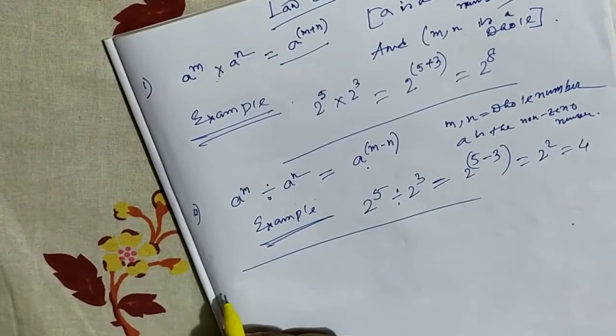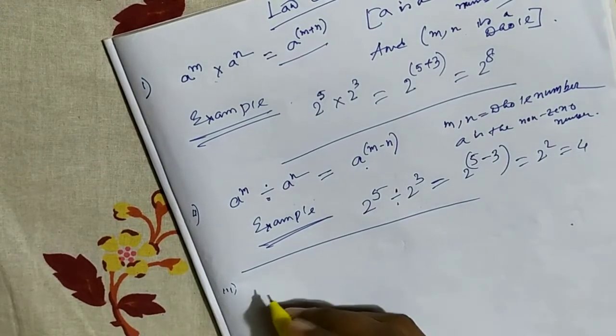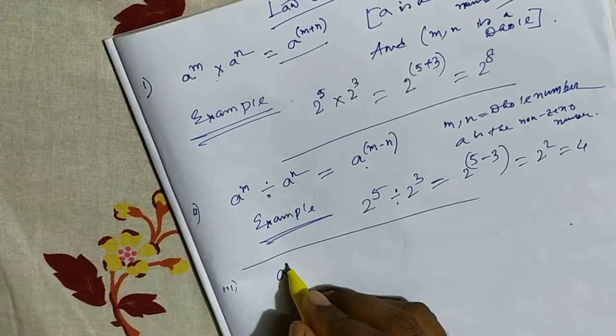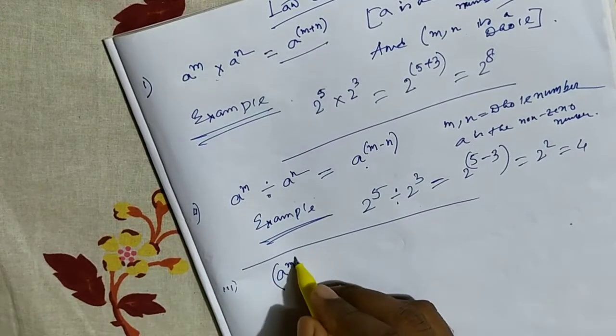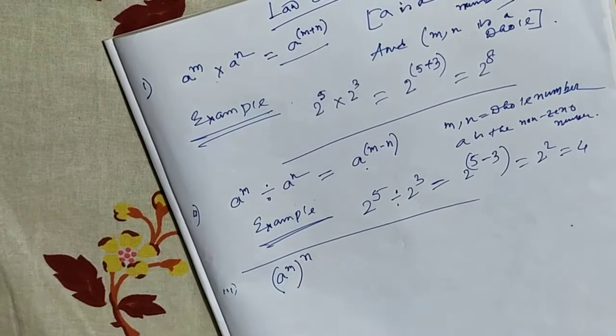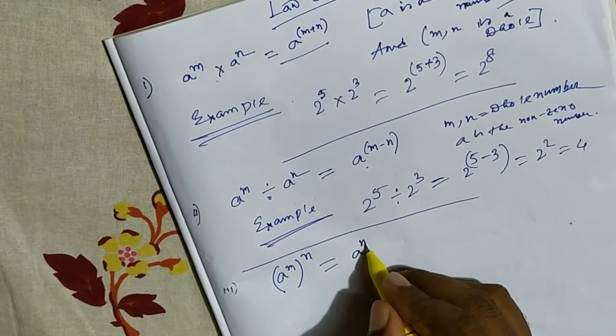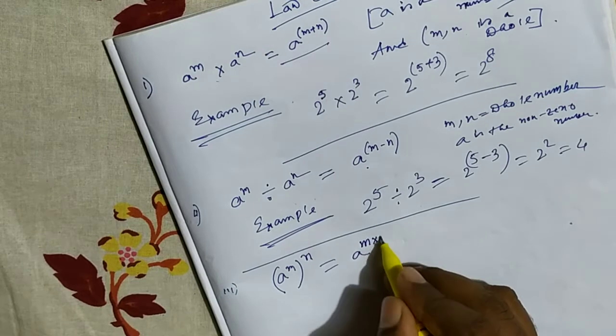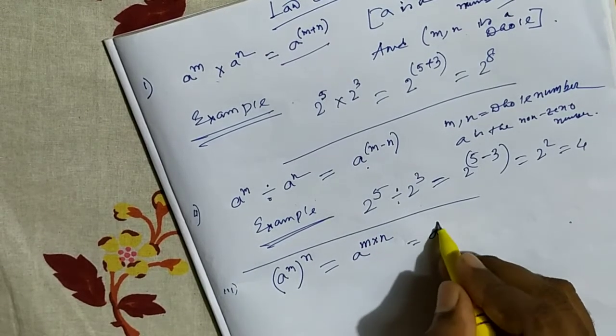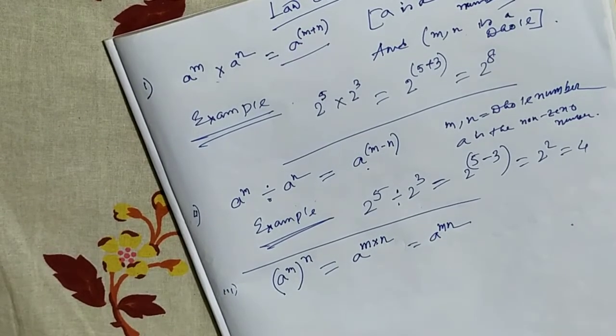Law number 3: a to the power m whole to the power n is equal to a to the power m into n. Therefore, a to the power mn.